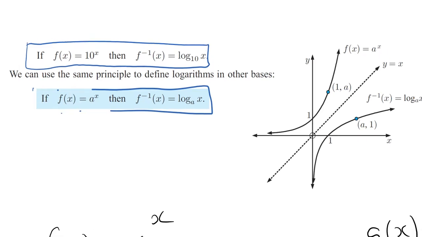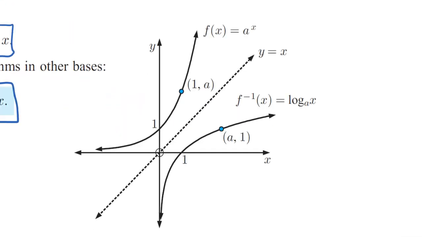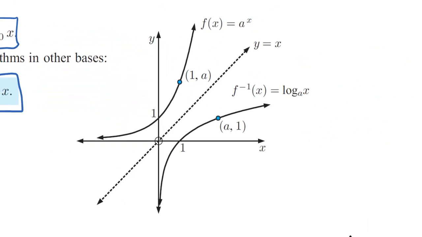Now, geometrically, let's just take a quick look at this picture in a bit more detail. We've already seen from a previous video what an exponential function looks like. It gets increasingly big. It's that top left diagram there, and it's going to go through 0, 1. So we know something already about inverse functions, and that is that they are a reflection of the original function in the line y equals x. So if we know that, then we can work out the shape.